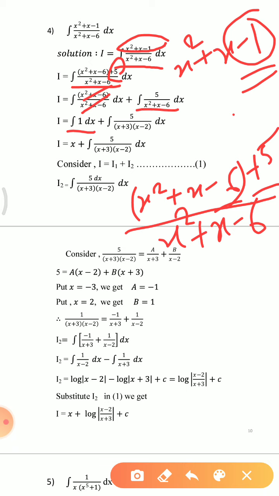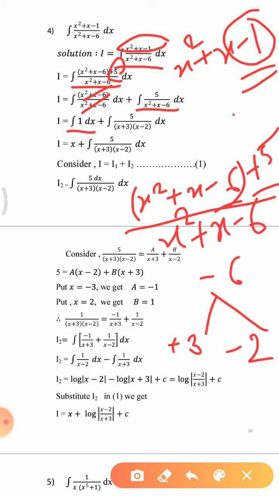(x² + x − 6) upon (x² + x − 6) gets cancelled, remaining integral 1 dx plus 5 upon the roots of this x² + x − 6. Product is minus 6 and the sum is plus 1. The numbers are plus 3 and minus 2, that is 3 minus 2 is 1 and 3 into minus 2 is minus 6.